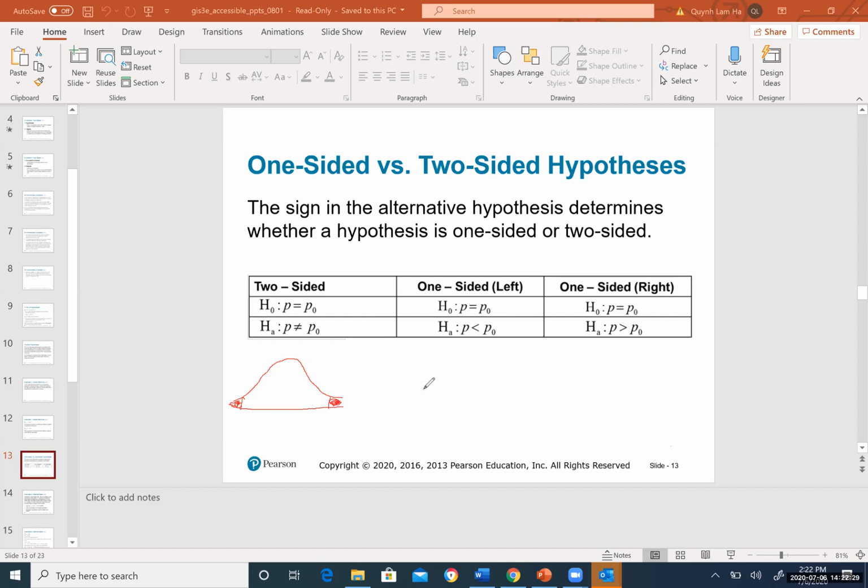Case 2, the p-value will be the left side, right? So I will draw the left side. Sorry, it's not pretty. So your p-value will be right here.